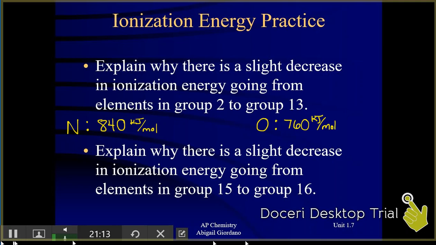Again, ionization energy should increase from left to right. But there is an exception in this position from 15 to 16. And again, pictures speak 1,000 words. I'm going to draw out nitrogen's 5 valence electrons and oxygen's 6 valence electrons, and I'm going to circle the one that we're trying to remove.